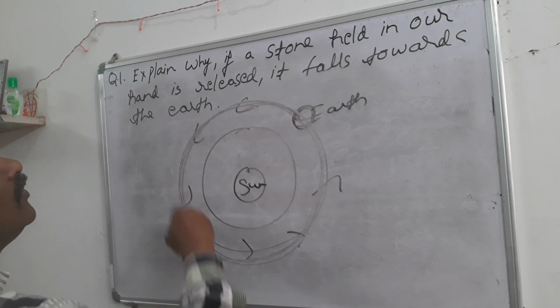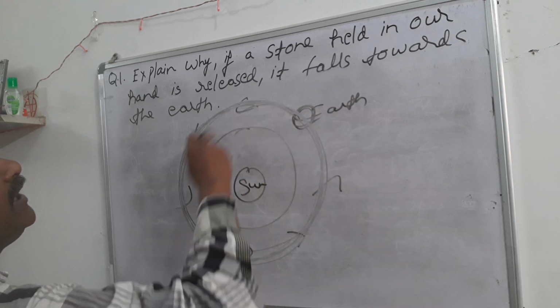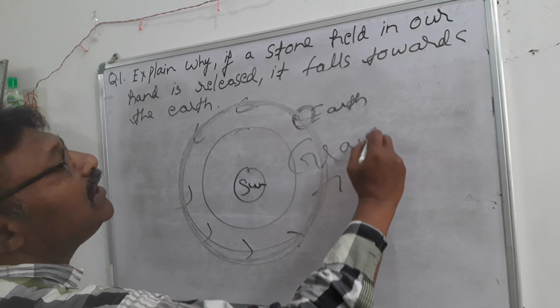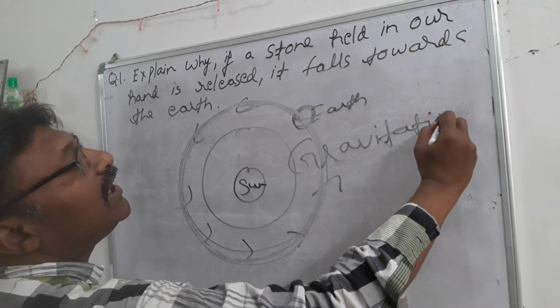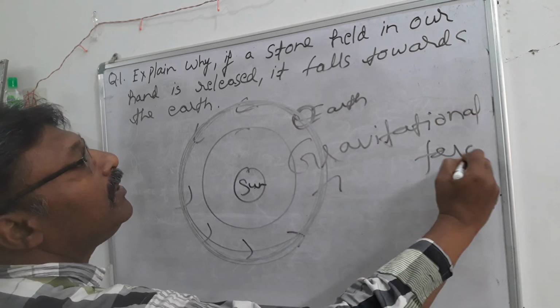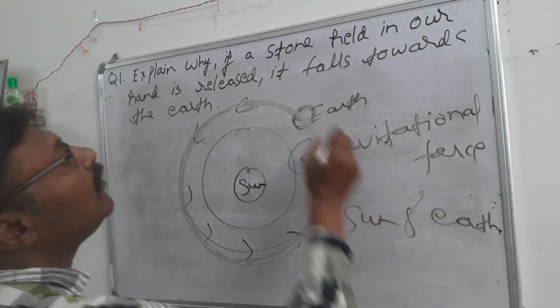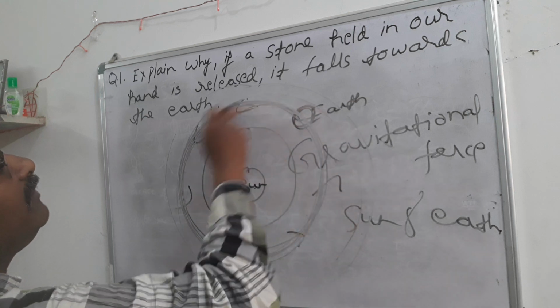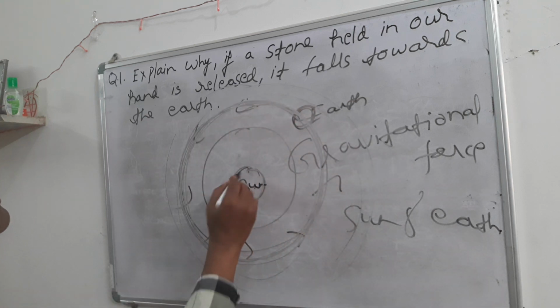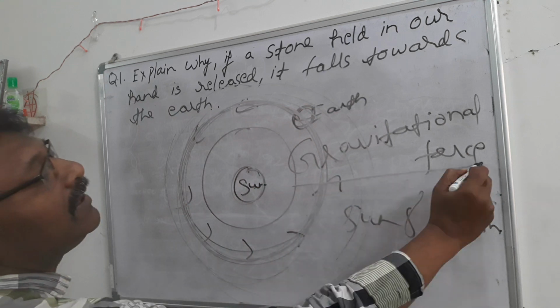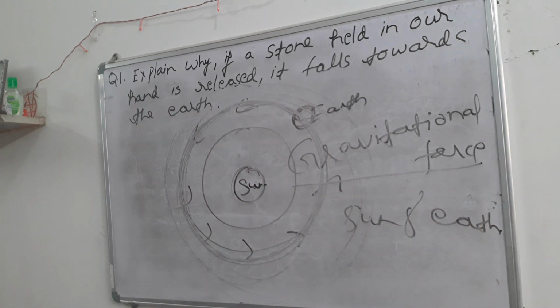The earth revolves in a certain orbit around the sun because of the gravitational force between the sun and the earth. Likewise, all the planets revolving around the sun are attracted towards it and are kept revolving in certain orbits because of this gravitational force. So these are the certain significances of gravitational force.